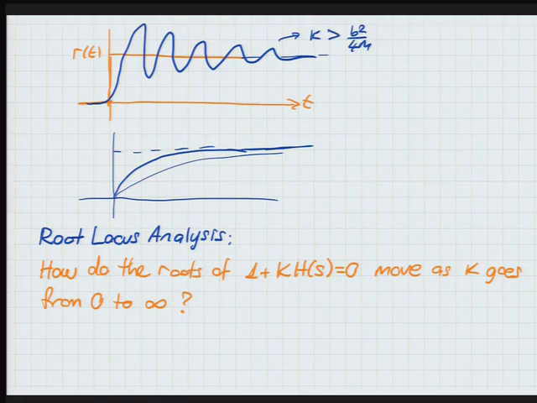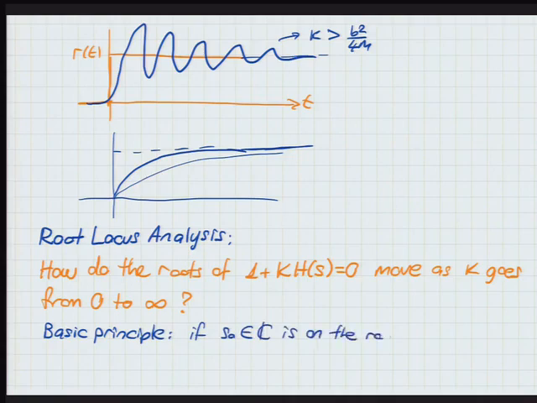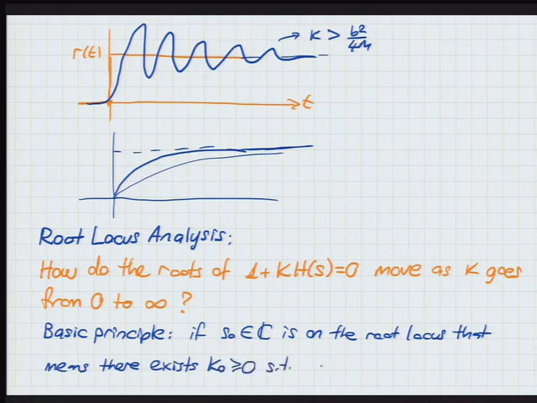If a point in the complex plane, say s naught, is on the root locus, that means there exists a k, call it k0, positive, such that 1 plus k0 h of s0 is equal to 0, right?